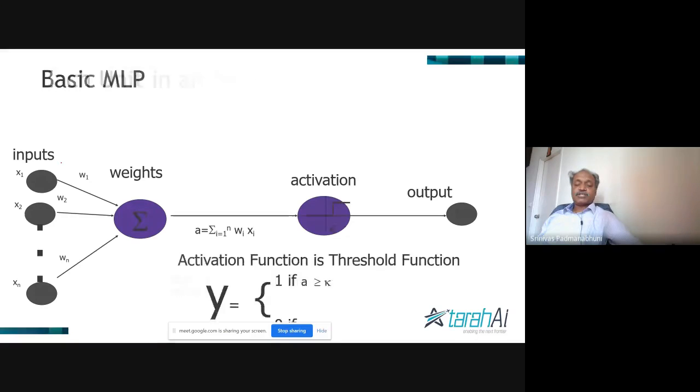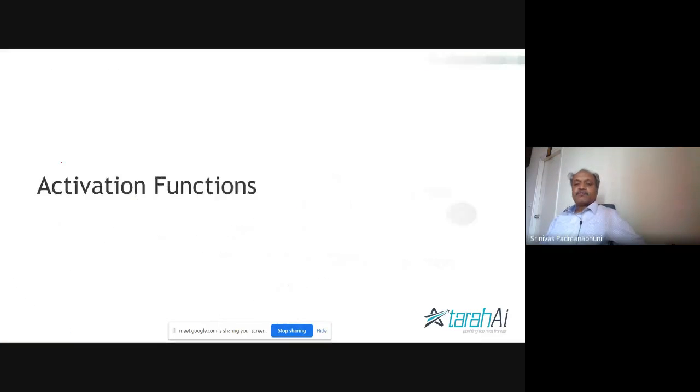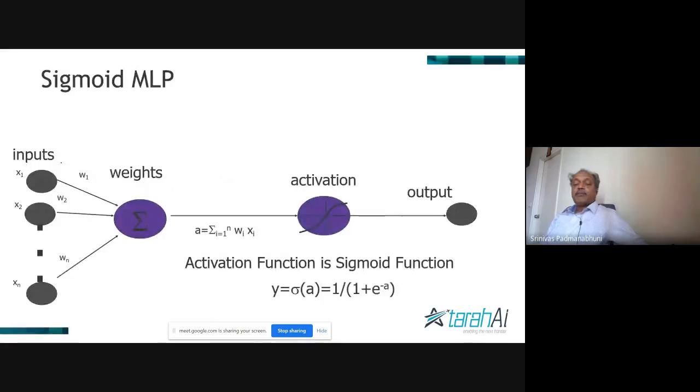So what are those activation functions? In the first case, when we started with a single perceptron, it was a threshold function, right? Greater than some threshold, you get 1, less than the threshold, you get 0. But now, once we talked about activation functions, we started seeing more and more nonlinear functions appearing on the horizon.